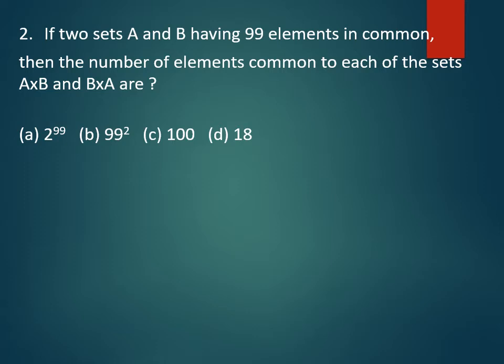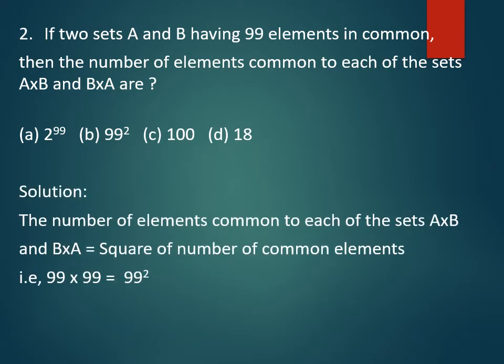Therefore, the number of common elements to each of the sets A cross B and B cross A will be the square of the common elements, that is 99 square. So 99 into 99, 99 square will be the number here. Therefore, the answer will be option B in this case.